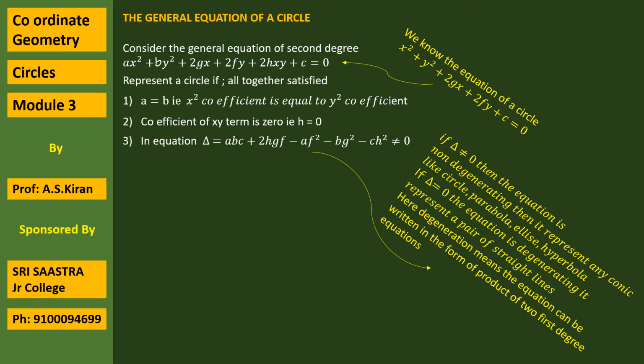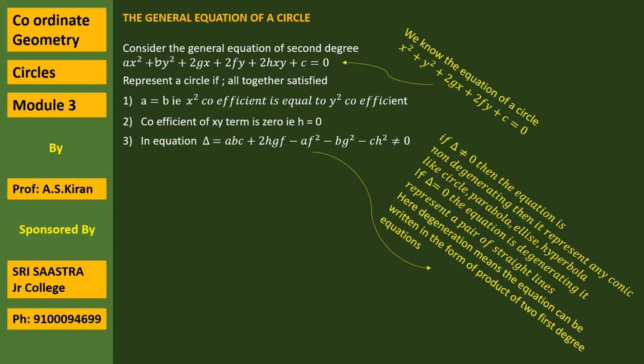Anyway, if delta is equal to 0, what will happen to the equation? The equation is degenerating. It represents a pair of straight lines. You might have remembered in the straight lines chapter, it is a condition.